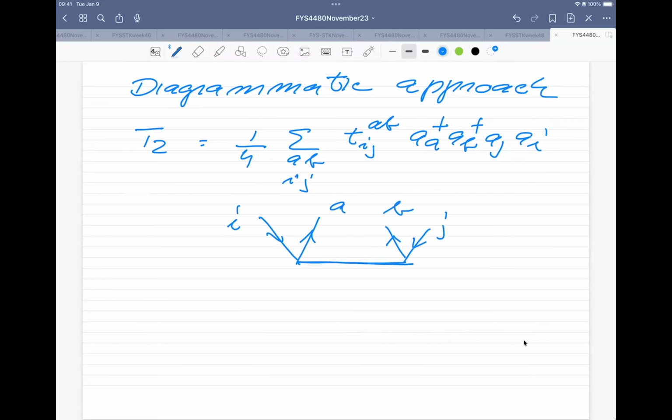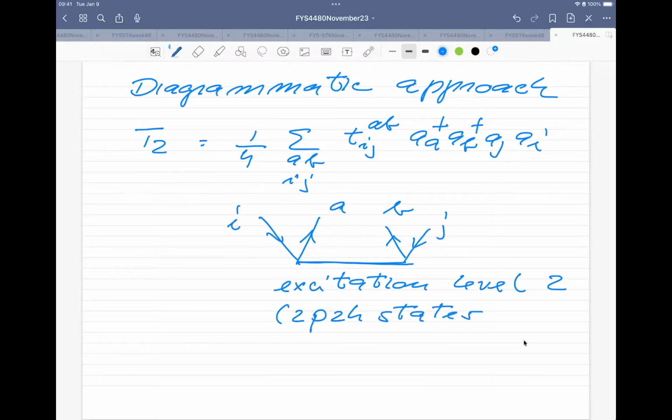Now, I'm going to also give you a labeling here, and I'm going to call this excitation level 2. What does that mean? It means simply that I have a 2-particle, 2-hole state. So I have two 1-particle, 1-hole excitations. Okay?